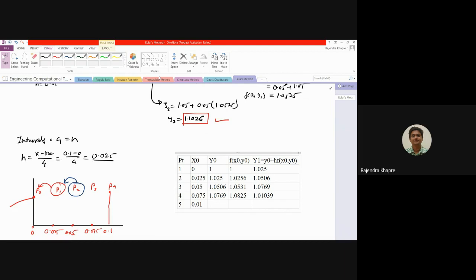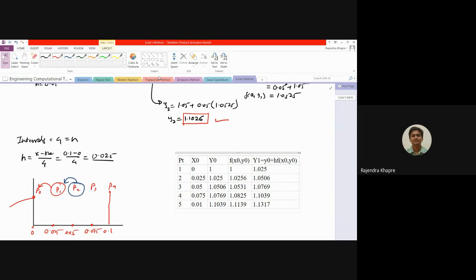Someone please cross check whether these answers are correct or not. 1.1139. And how about this one? 1.1317. Is it correct? Someone please cross check.